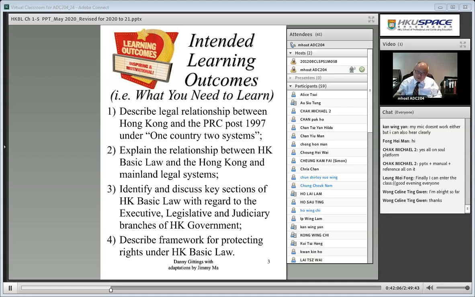There is a lot of collaboration or cooperation, partnership, joint ventures, and so on. As a result, there are legal disputes between Hong Kong merchants and mainland merchants, and very often they bring to the forefront the differences between these two systems.